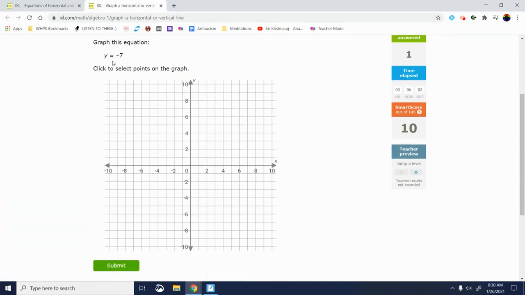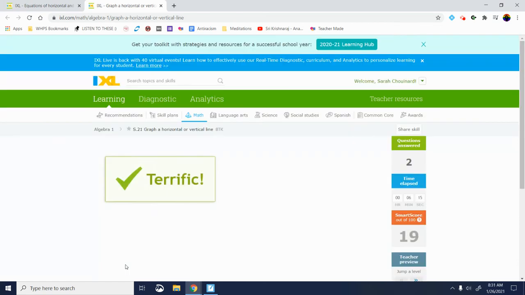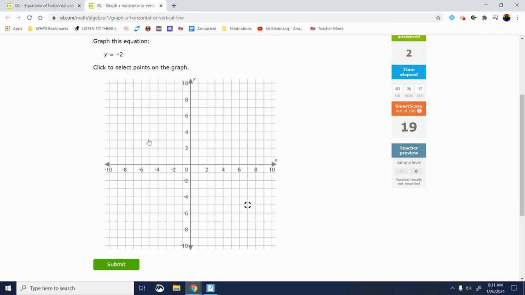All right, Y equals -7. So that's Y equals -7, and it needs to be horizontal. So I'm going to put a second point anywhere horizontally in line with that. Y equals -2. So I'm going to click where Y equals -2, and it's a horizontal line. So I click anywhere to make the other point to make the horizontal line.